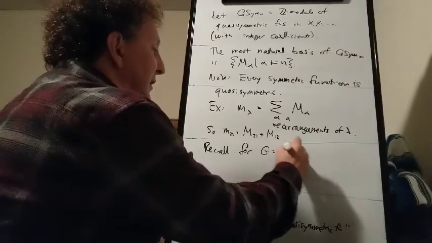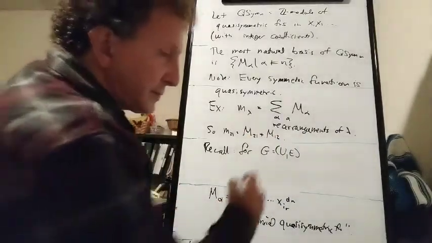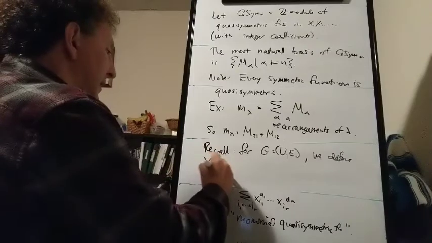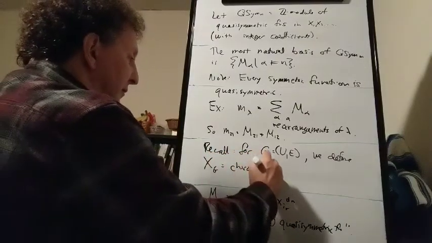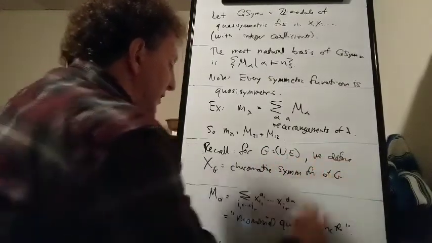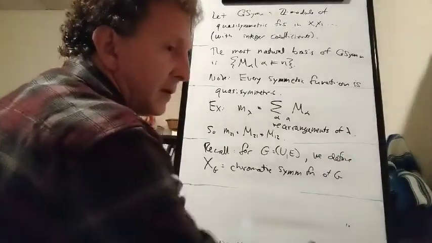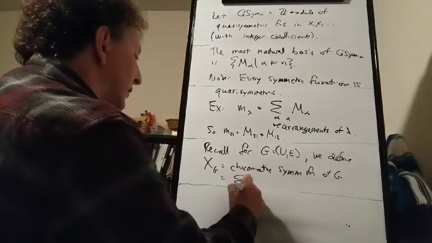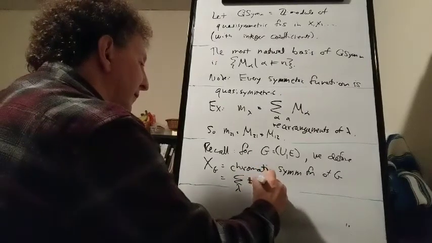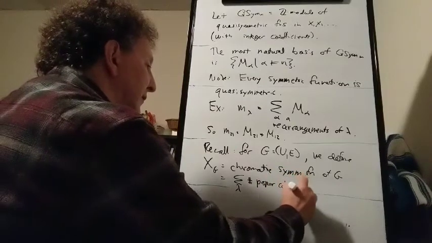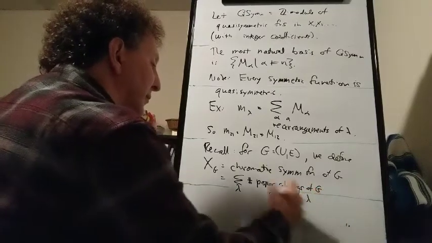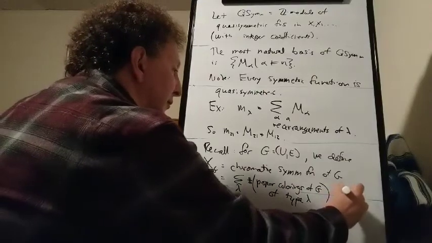So for a graph G equals (V,E), which is an undirected simple graph, we define XG, the chromatic symmetric function of G, to be a sum over lambda, the number of proper colorings of G of type lambda times m lambda.